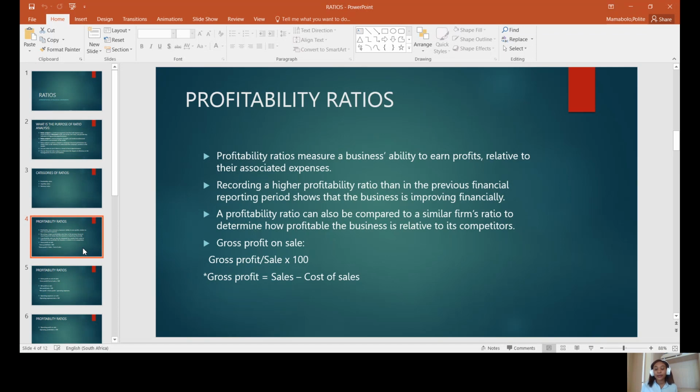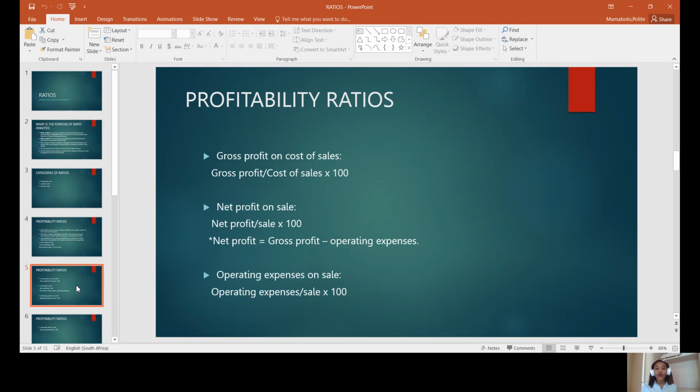to see, are we really doing well as compared to our competitors? The first ratio that we'll be covering is gross profit on sales. This is gross profit over sales multiplied by 100. You need to remember that gross profit is sales minus cost of sales. You get your gross profit. Gross profit on cost of sales: how much are we making as compared to the cost of sales?